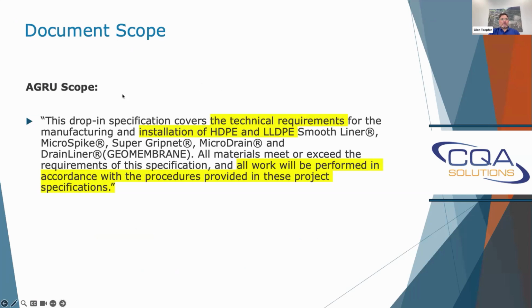For instance, Agru's scope in the drop-in specification says it covers the technical requirements for manufacturing and installation of their HDPE and LLDPE products. So, to me, the heat, speed, and temperature really falls under the technical requirements. And then all work is going to be performed in accordance with the procedures provided in these specifications.